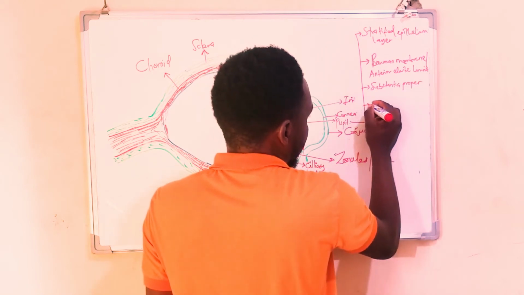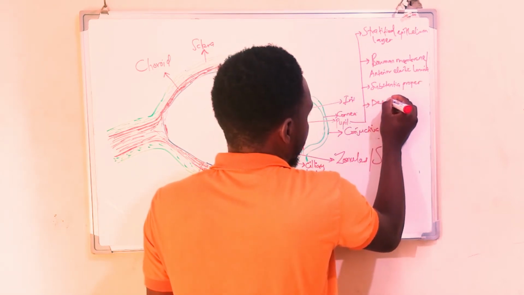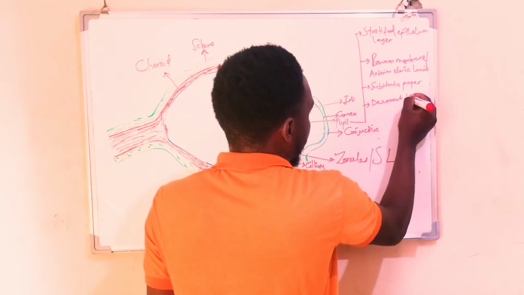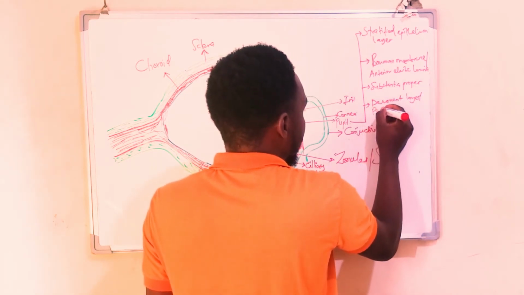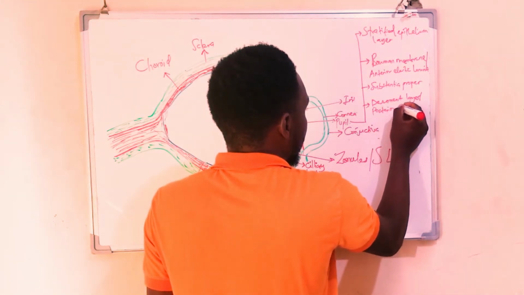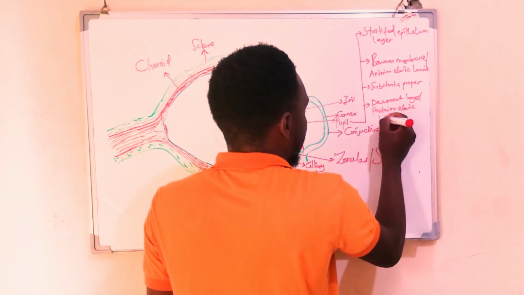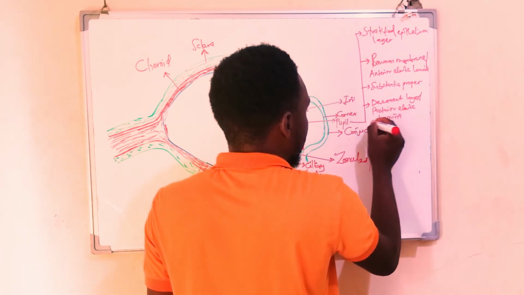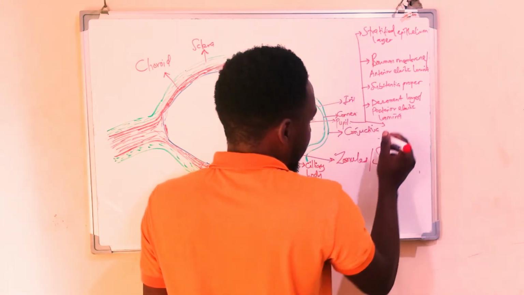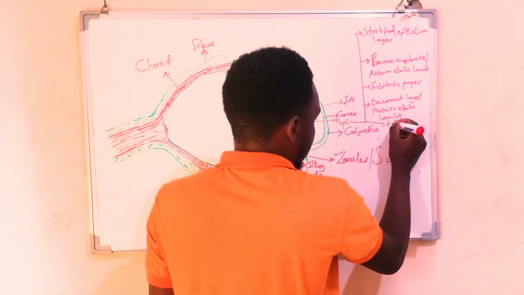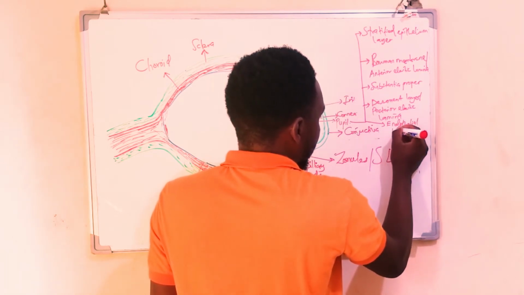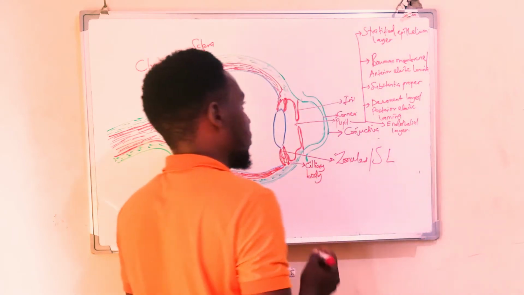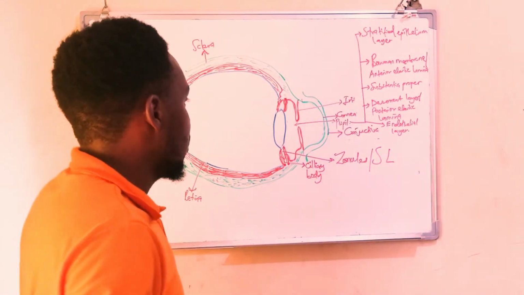Then we have the Descemet layer, or posterior elastic lamina. Then you have the endothelial layer at the bottom there. So those are the 5 layers of the cornea.